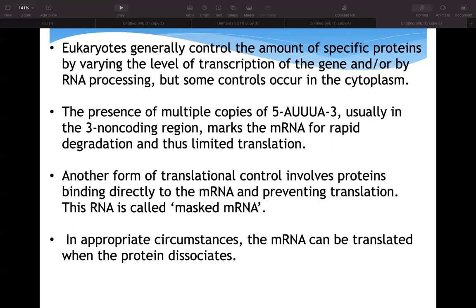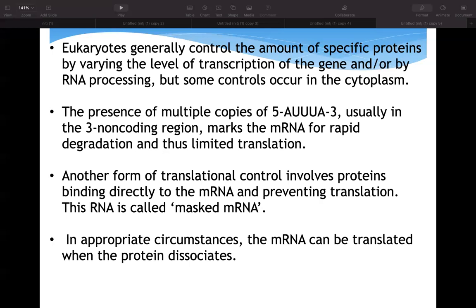Another form of translational control involves protein binding directly to the mRNA. This prevents translation, and this type of mRNA is called masked mRNA.